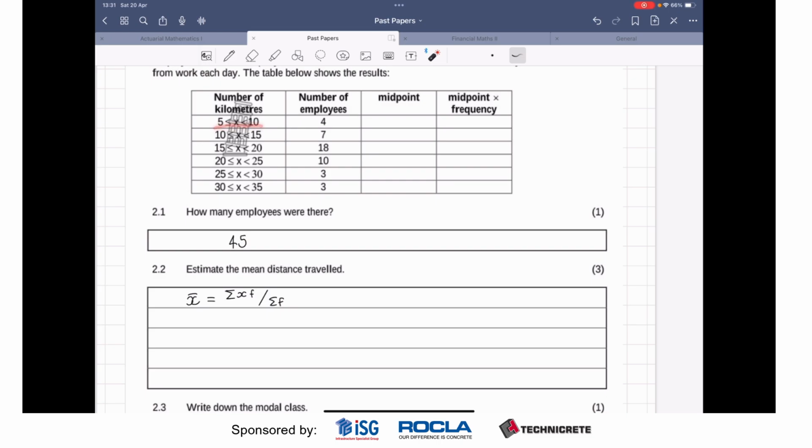This is x that's between these two numbers, between these two numbers, between these two numbers. I'm going to use the midpoint to get my x times the frequencies. So in this table, I'm going to write the midpoints of each of these classes. So for this one, it's going to be 7.5, 12.5, 17.5, 22.5, 27.5, and 32.5.